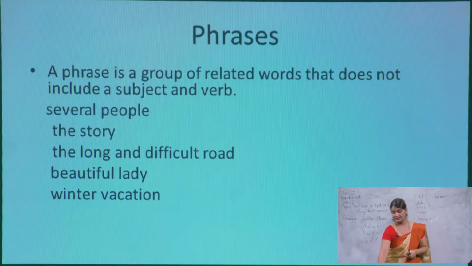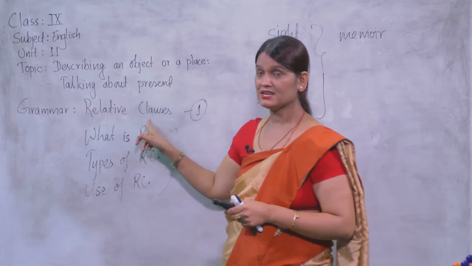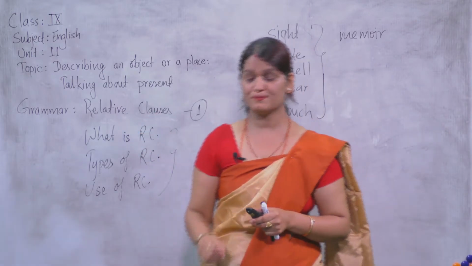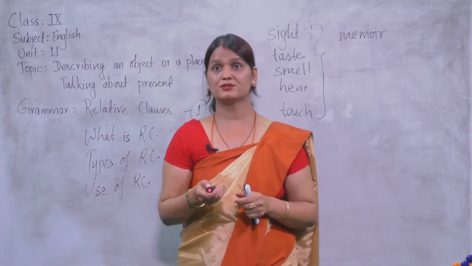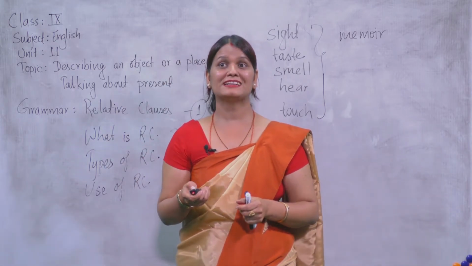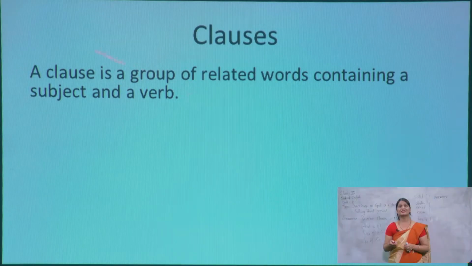Next one is clauses. As we are reading relative clauses, I would like you to know what clauses are. Clauses are also groups of words, related to each other, and there we can find a subject and a verb.